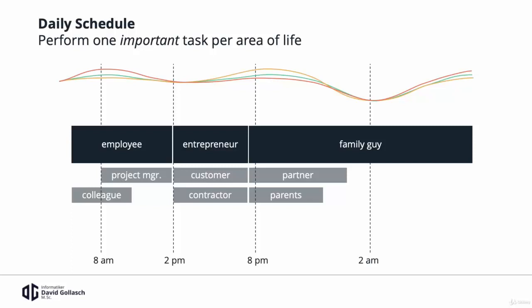And if you have multiple roles per life area, that's fine, then select one task for each of those roles. In any other case, then select just one important task for any area of life.